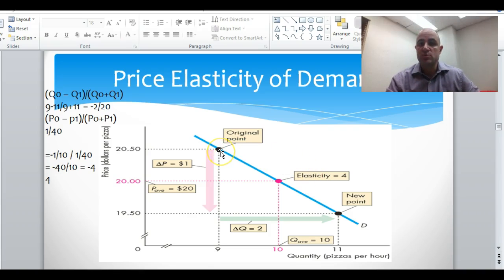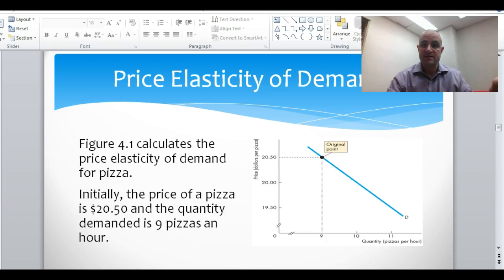It says as you move from the price of 20.5 to 19.5, your price elasticity of demand is 4. So it means that over this range, as price goes up by 1%, quantity demanded goes down by 4%, and vice versa. If price goes down by 1%, quantity demanded goes up by 4%.